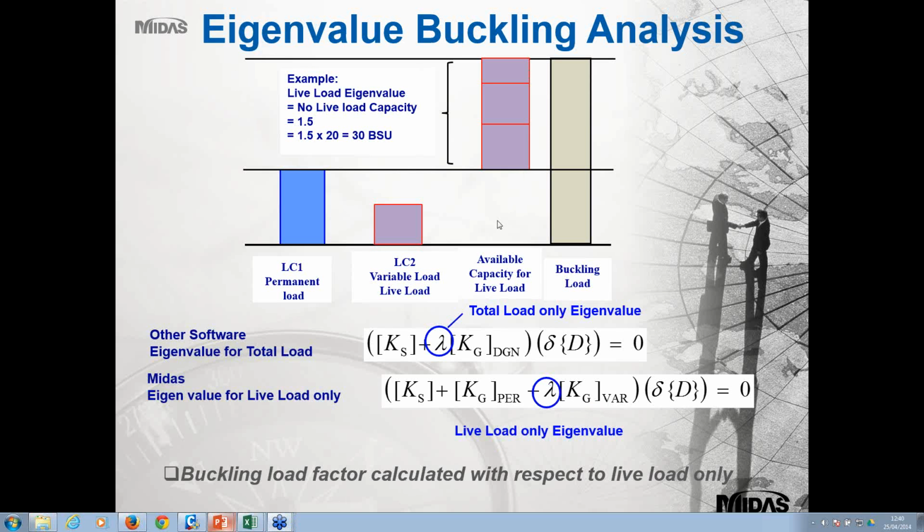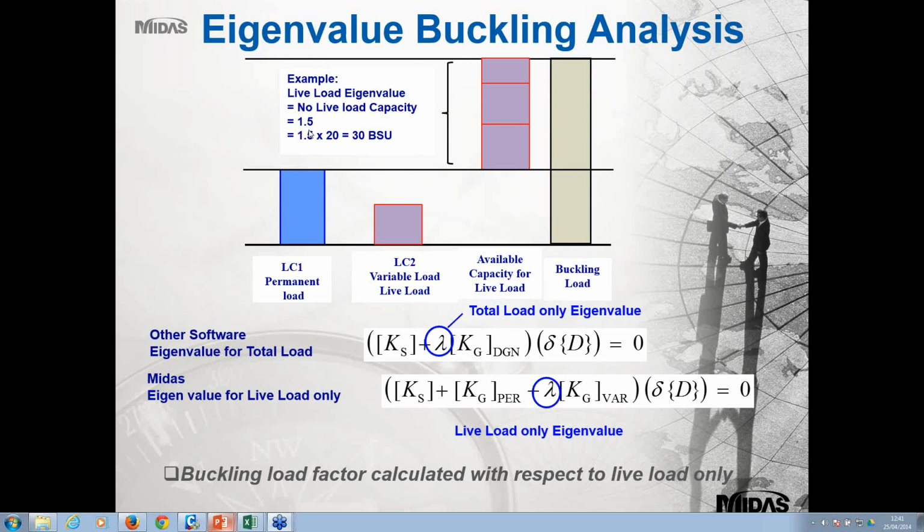As shown in the figure here, we have permanent loads and variable loads, and we have some available capacity for the live loads, and that's your buckling load. Whatever the factor is between the buckling load and the available capacity for live load, that factor is calculated, and that is actually lambda.